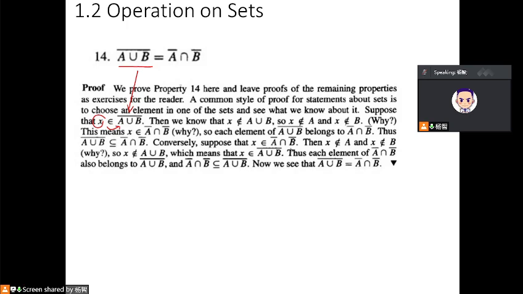Then we know that x does not belong to the union of A and B, because this is the complement of the union of A and B. If x does not belong to the union of A and B, so we can also say that x does not belong to A and also does not belong to B. Is that right?